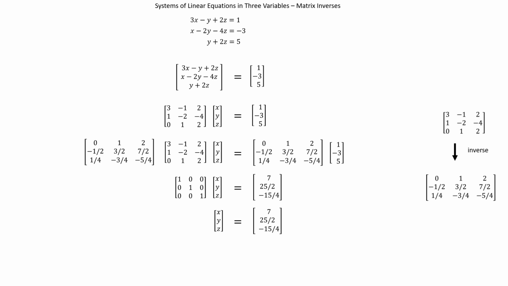And by doing this process of multiplying both sides by the inverse, we've hereby isolated x, y, and z into a single matrix, and now we know that x must be 7, y must be that number, and z must be that number. And that's the solution to this problem.